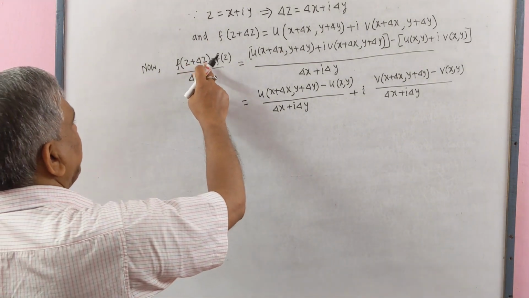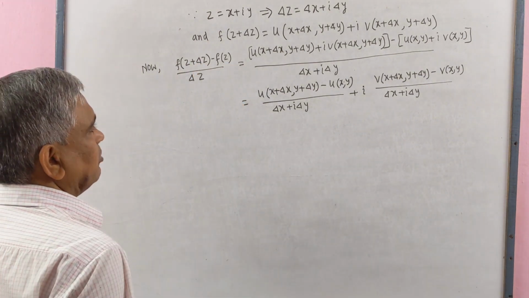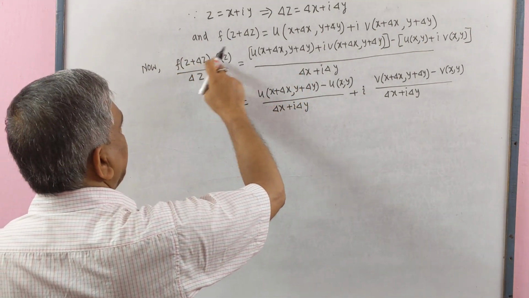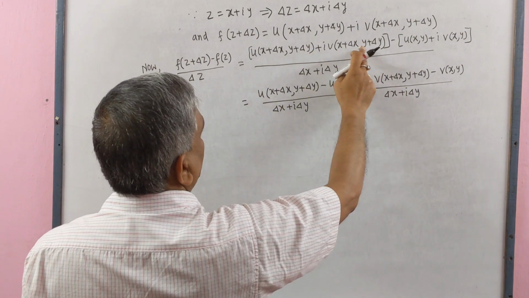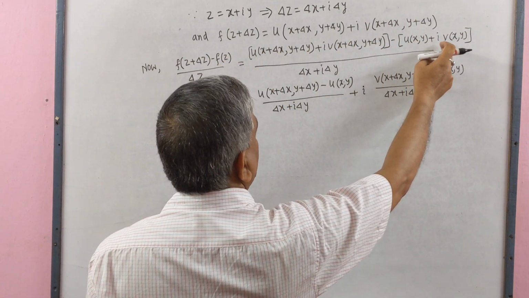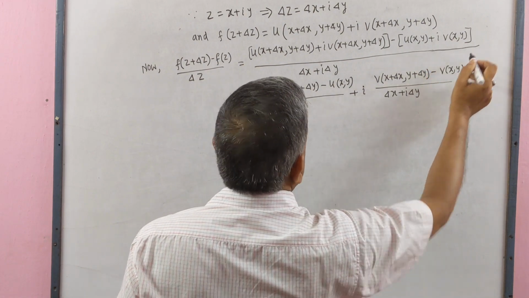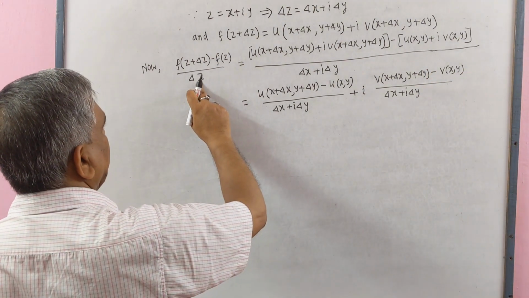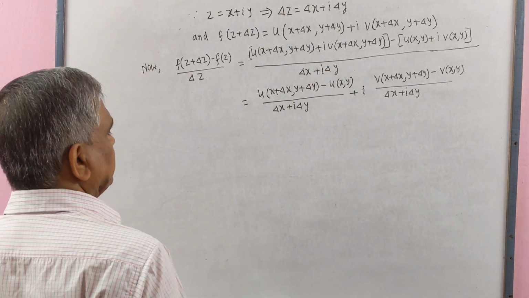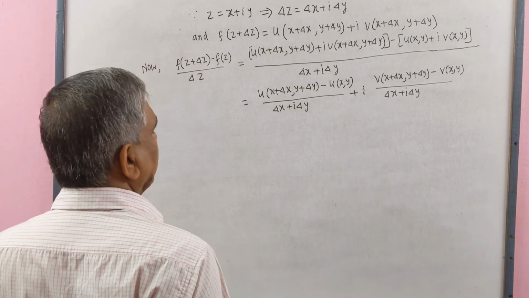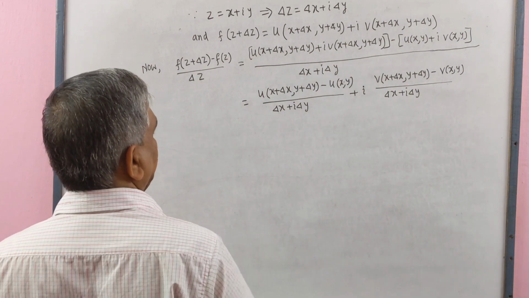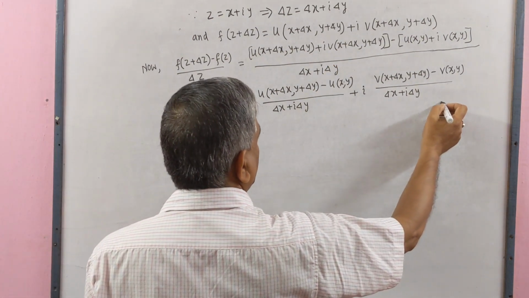Now f of z plus delta z minus f z by delta z equals the value of f of z plus delta z, minus f z equal to u x y plus i v x y, over delta z equal to delta x plus i delta y. Now we separate u and v and then divide by delta x plus i delta y. Let this be number 1.